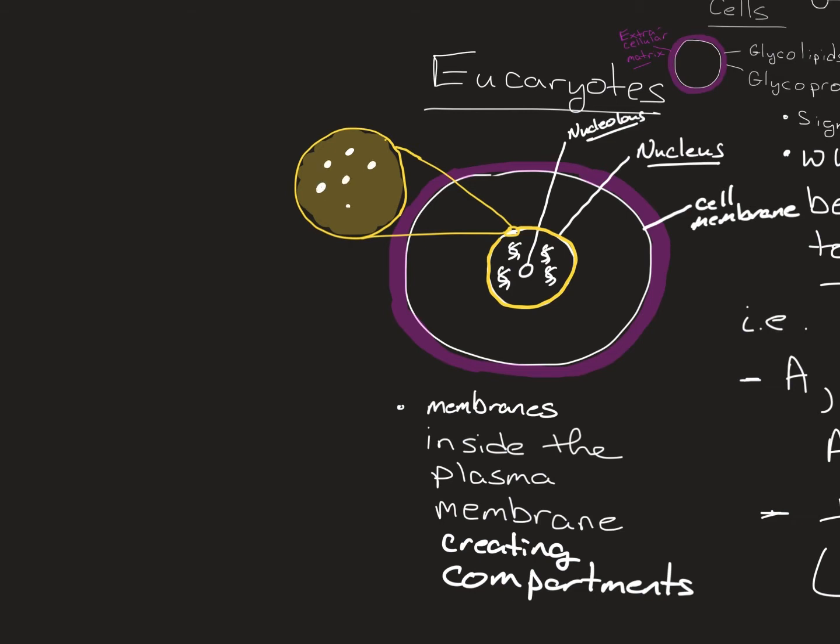There are holes in the membrane. These holes are called nuclear pores. They allow things in and out of the membrane. I'm going to undo that, and I'm going to draw it over here.